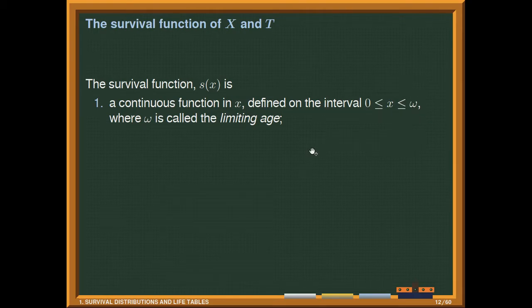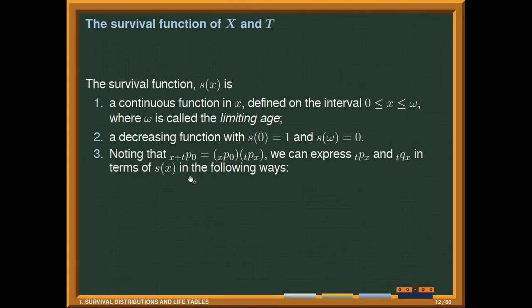We're assuming that the oldest person would be of age omega. And since this is the complement of the CDF of X, the survival function must be a decreasing function, with s of 0 equal to 1 and s of omega equal to 0.